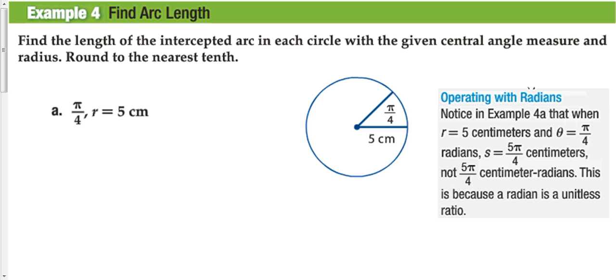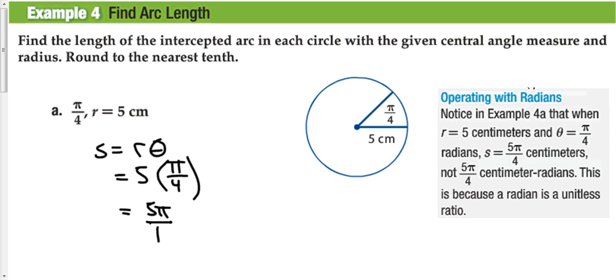So we have pi over 4 and a 5 centimeter radius. The angle is given in radians, which is perfect. All we're going to do is use my formula that S is equal to R theta. So that's going to be equal to 5 times my angle, pi over 4. 5 times pi over 4 is 5 pi over 4.